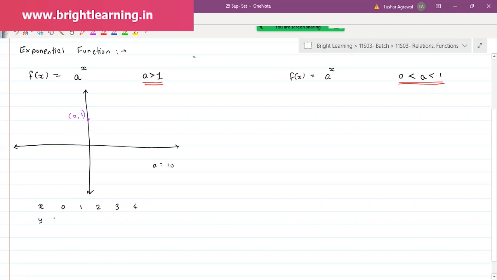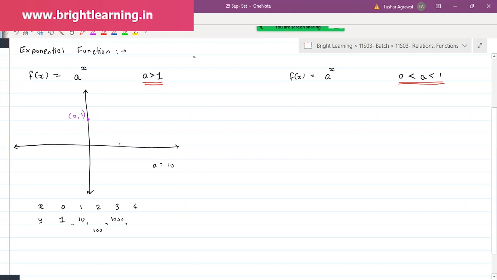Initially it is 10 raised to 0, which is 1. Then 10 raised to 1 is 10. Then 10 square is 100. So initially the jump is of 9 units, then the jump is of 90 units, then the jump is of 900 units.